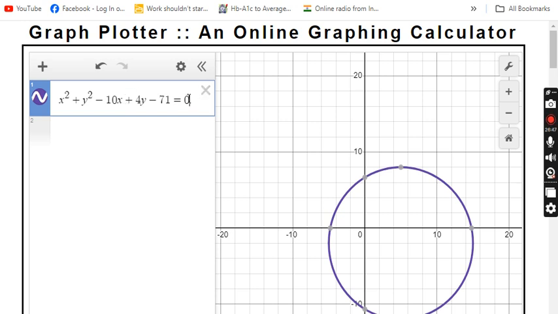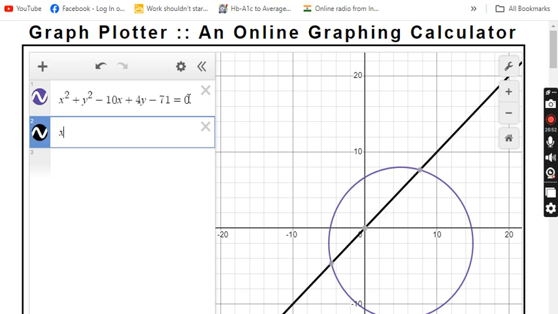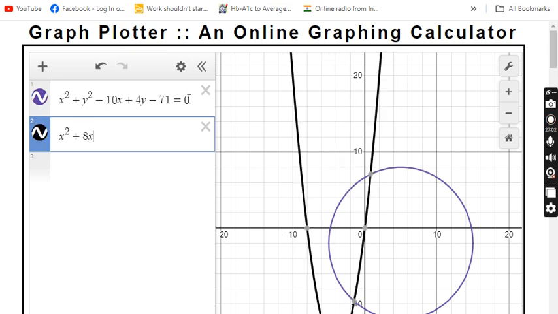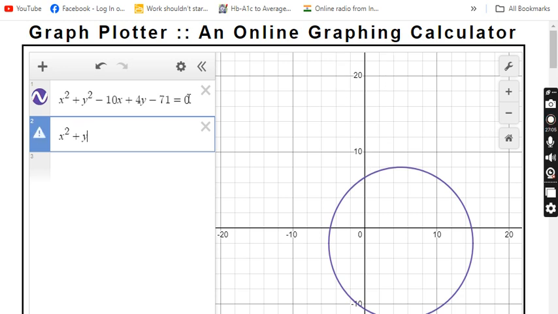First equation of the circle. The second equation was x square plus 8x plus y square minus 20y plus 91 is equal to 0.